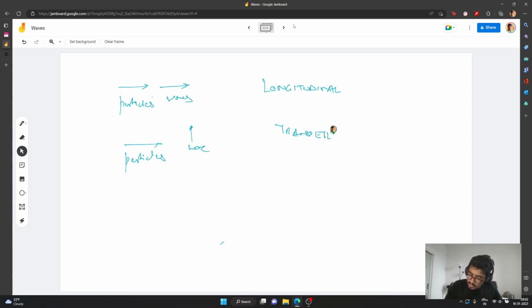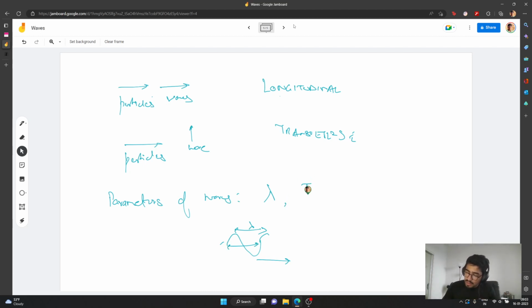Okay. Other thing that we talked about was the parameters of waves. We talked about wavelength, which is given as lambda. It is the peak to peak distance or the crest to crest distance or the midpoint to midpoint distance, anything that you like, of the wave.